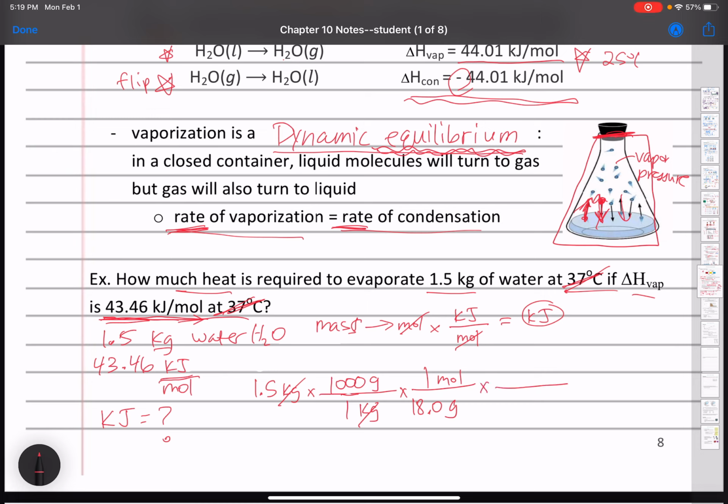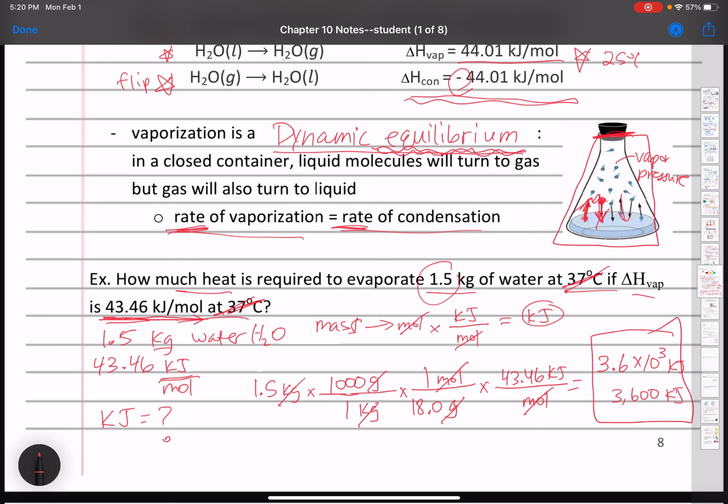And now I can use the enthalpy, 43.46 kilojoules per mole. My grams cancel, my moles cancel. And my answer is just 2 sig figs, because 2 sig figs is given, 3.6 times 10 to the third kilojoules, or 3,600 kilojoules.